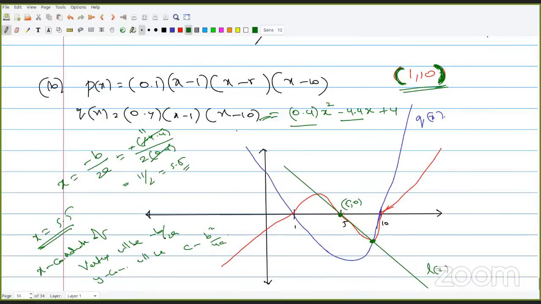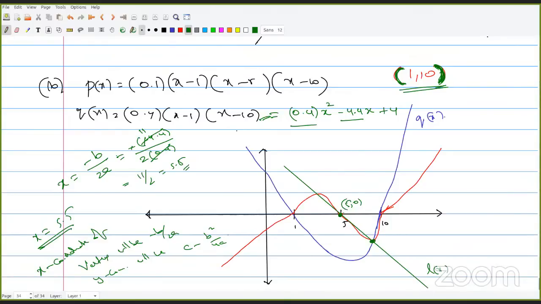We asked you to find the x coordinate of the vertex point, which is minus b by 2a. We just computed minus b by 2a, which is 5.5. So that is the x coordinate. I'm just saying the x coordinate of the vertex of q of x. Is this true or false? That is true, right? The vertex is on the x line. This is what it is trying to say.